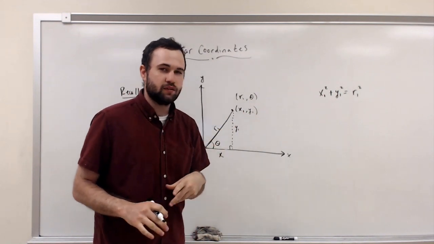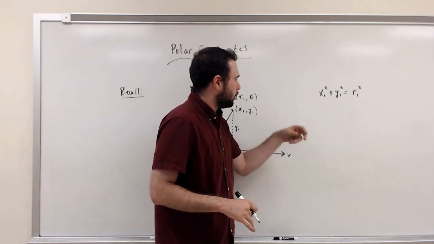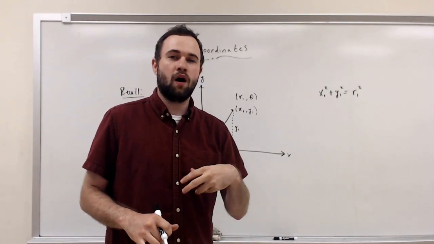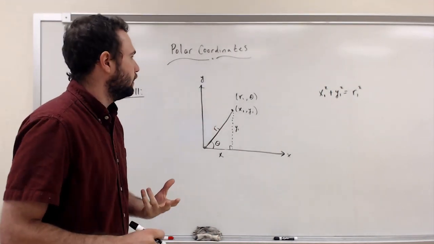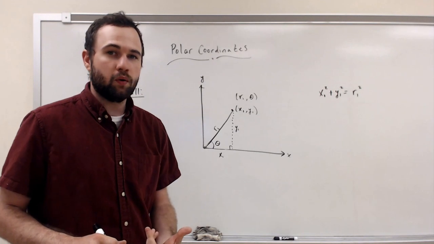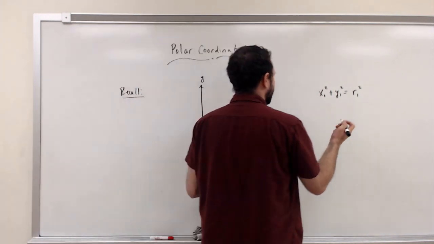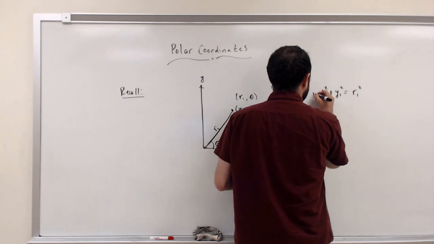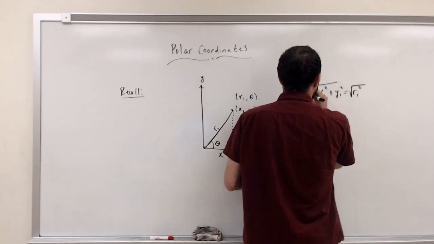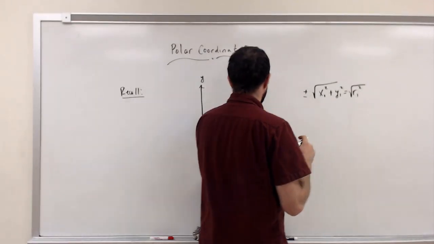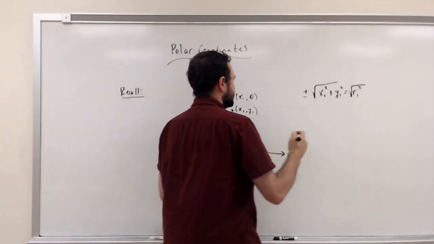Well, we could first use this, right? So we have an equation in x, y, and r here. X and y from the rectangular coordinate system, and then r from the polar. Well, if we just solve for r1 here, we can take the square root of both sides, plus or minus. Here we're just going to look at the plus because we have some positive radius here.